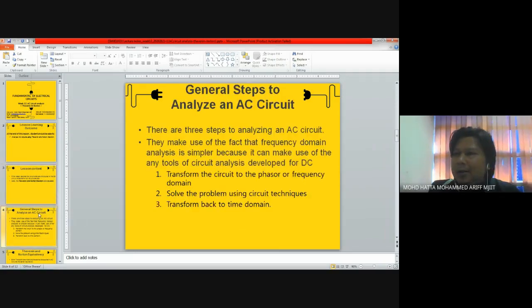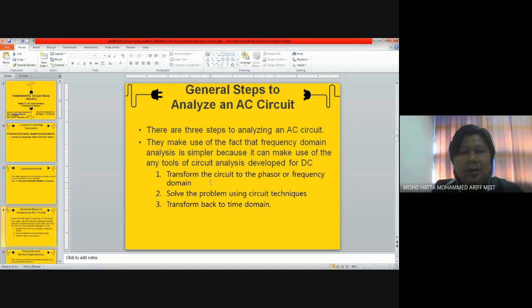All right, this general step is basically what has been reminded to you time and time again in order to solve or to analyze AC circuits. The first thing that you need to do is transform circuit parameters or the elements inside the circuit into the frequency domain or phasor domain.